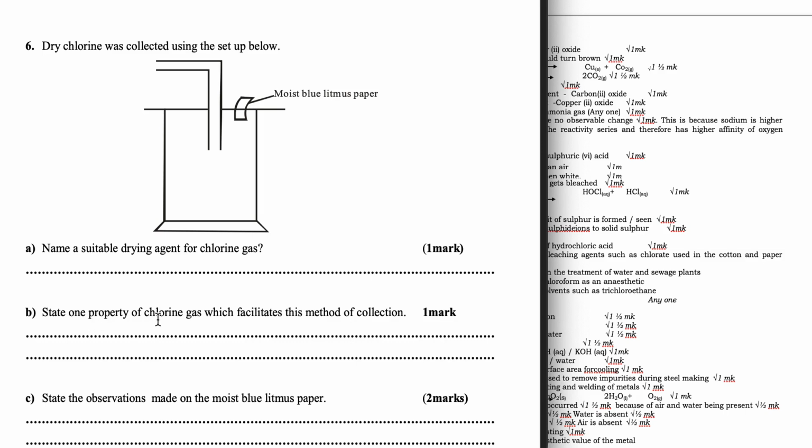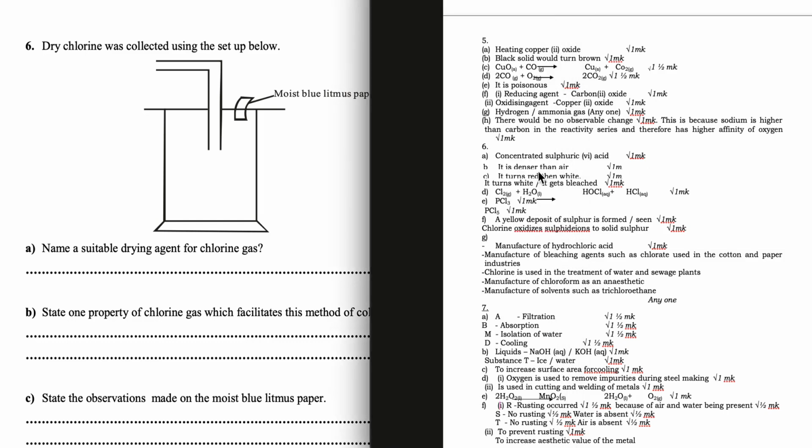State one property of chlorine gas which facilitates this method of collection. It is denser than air. State the observations made on the moist blue litmus paper. It turns red, then white. It turns white, or you can just say it gets bleached.